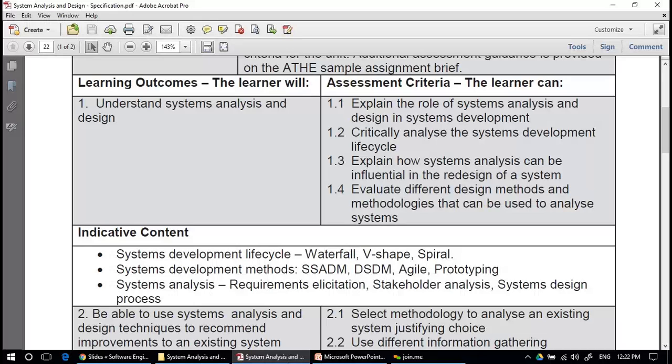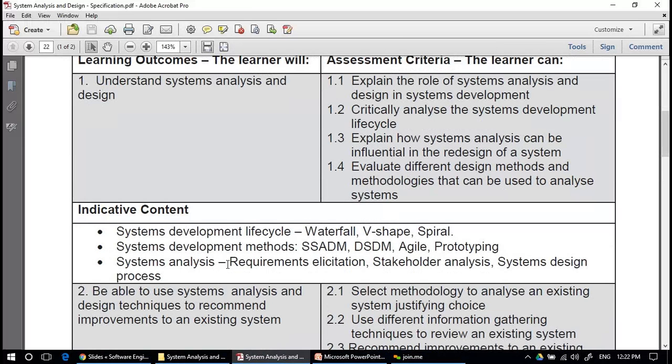So we will get an introduction to these models, and then certain development methodologies are used, like prototyping, Agile, SASD, DSDM, and then the system analysis includes requirement elicitation, that is, how to get the requirements, stakeholder analysis, and the system design process itself. So we will be focusing on this learning outcome.